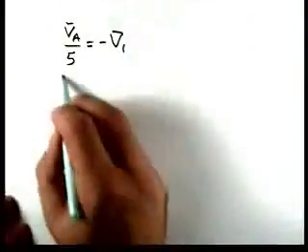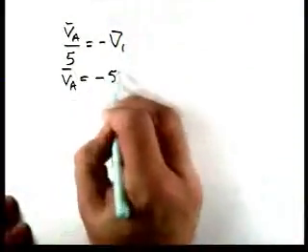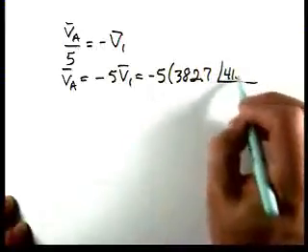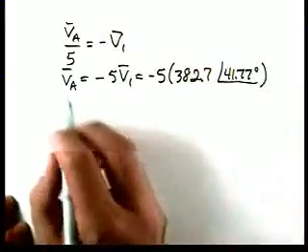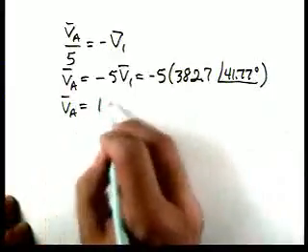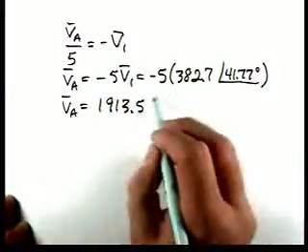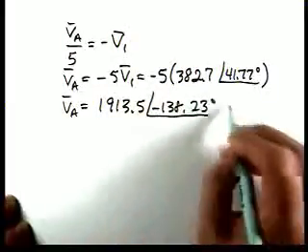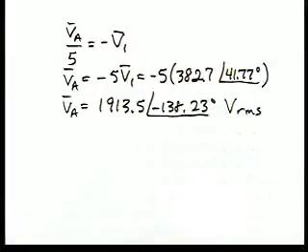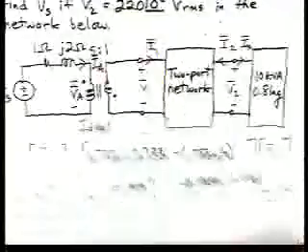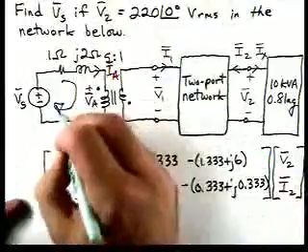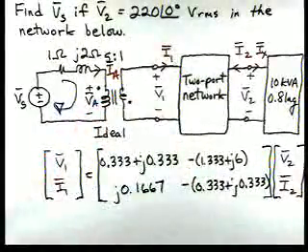So VA is minus 5V1, which is minus 5 times 382.7 at an angle of 41.77. So VA is 1913.5 at an angle of minus 138.23 degrees volts RMS.